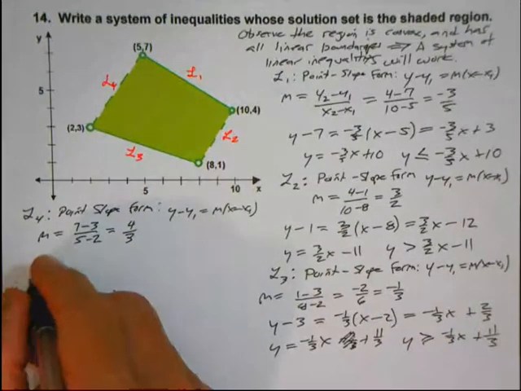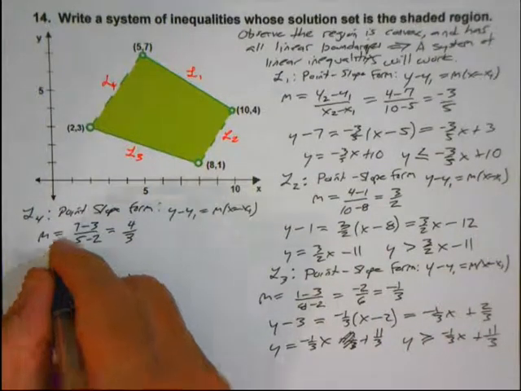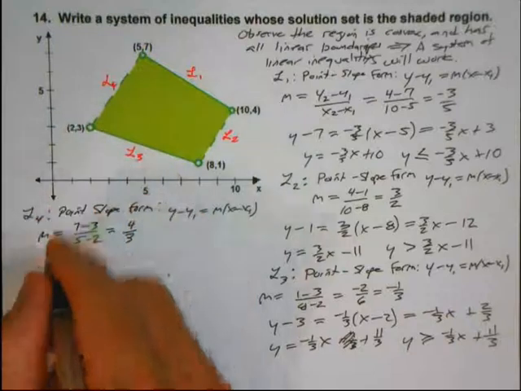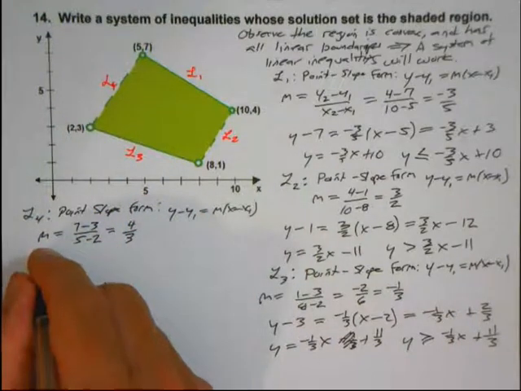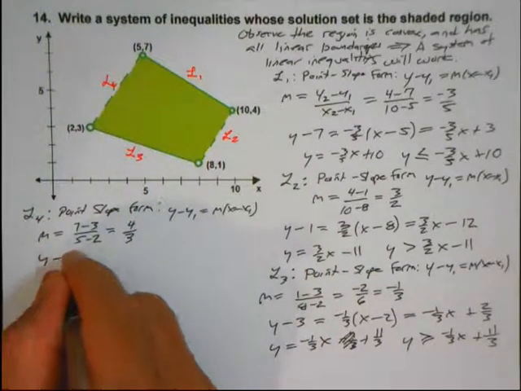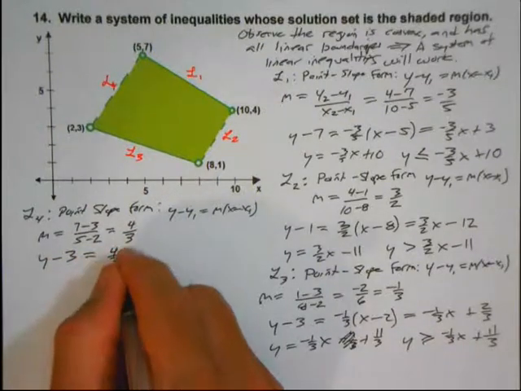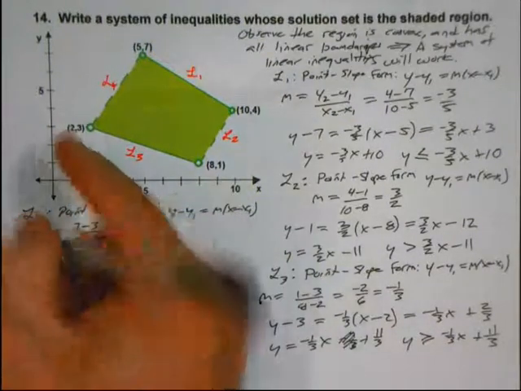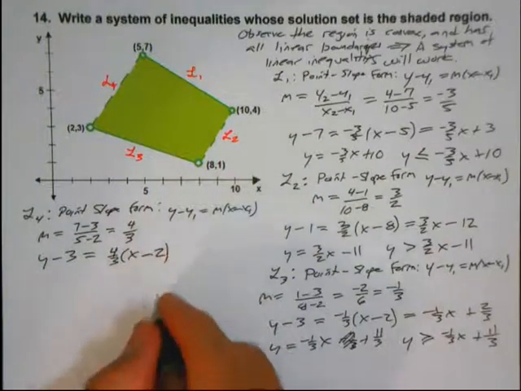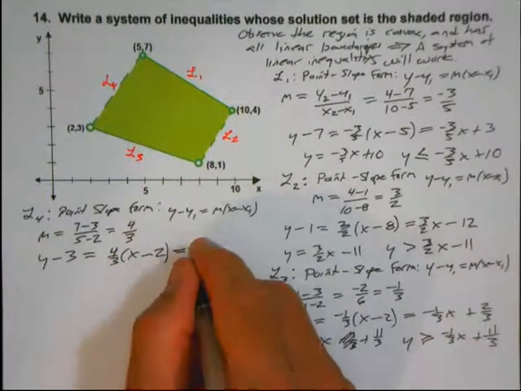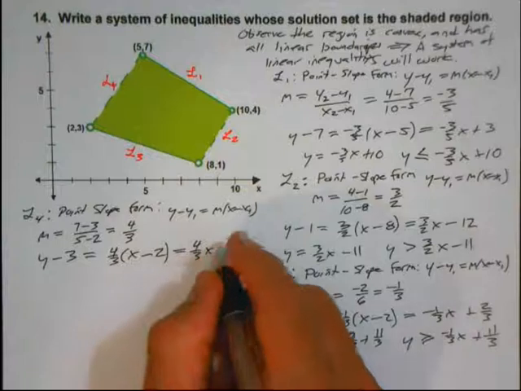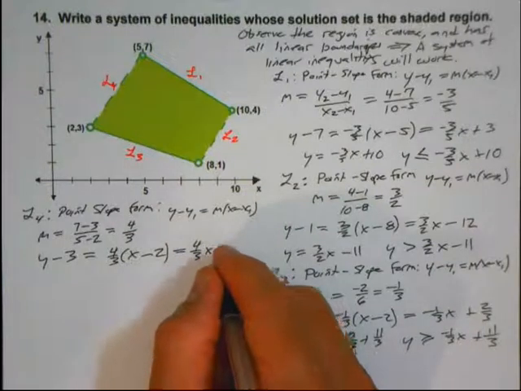Let's continue on to writing the equation. We'll call this the point of the point slope form, leaving us with y minus 3 equal to 4/3 times x minus 2. Let's expand this right-hand side. 4/3 x, let's see, minus 8/3.